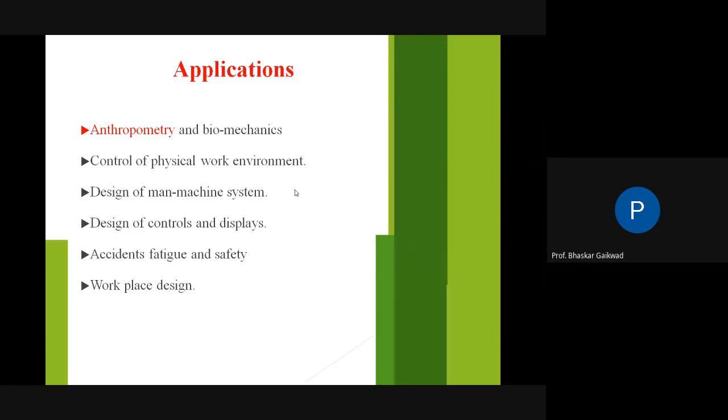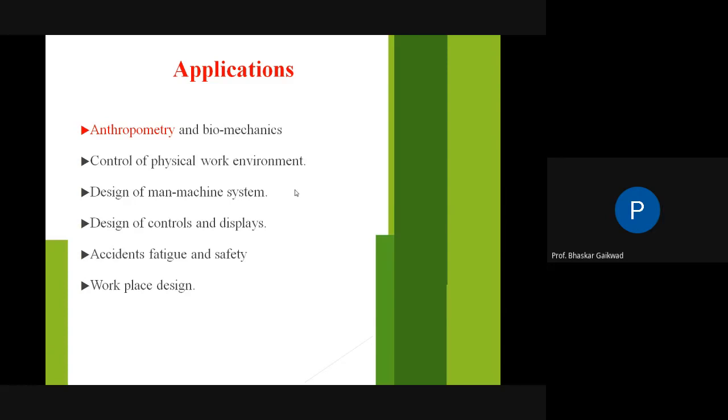Anthropometry and biomechanics. Here we have seen the measurements of our body as per the requirements, meaning center of gravity, height, weight. We require this to design any product or any instrument. If we increase the height of the machine and the height of the operator is less, it is not the right thing.